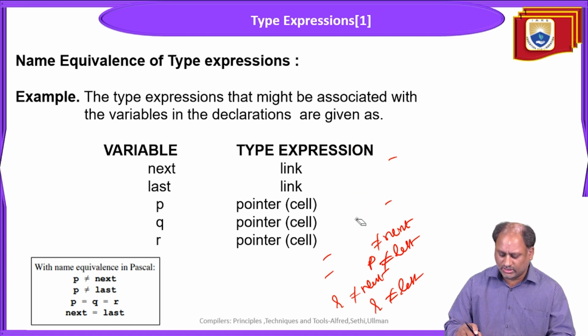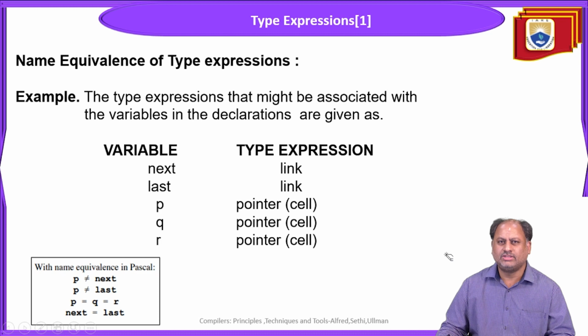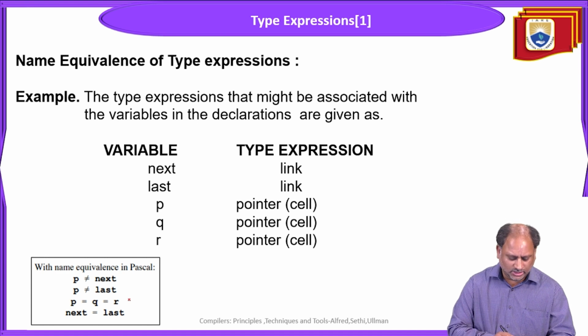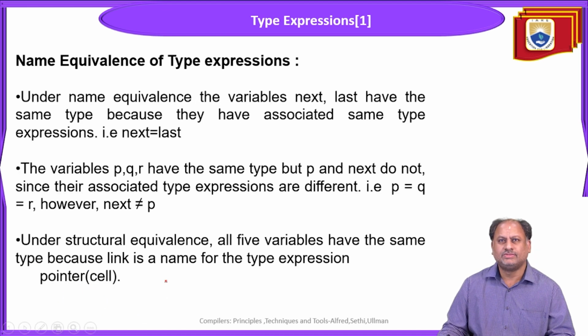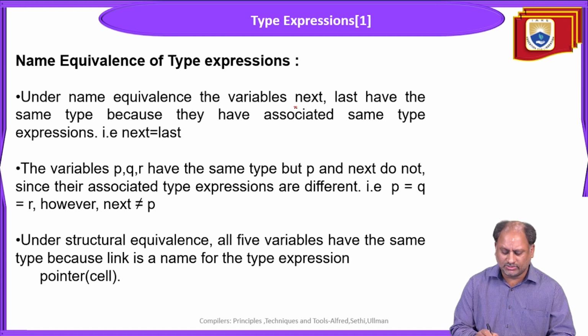If they are different, then we verify whether they match or not. If not, they are not name equivalent. If they match, then we can say they are. So in the three cases, these are all name equivalent and these two are not name equivalent. Under name equivalence, the variables next and last have the same type.